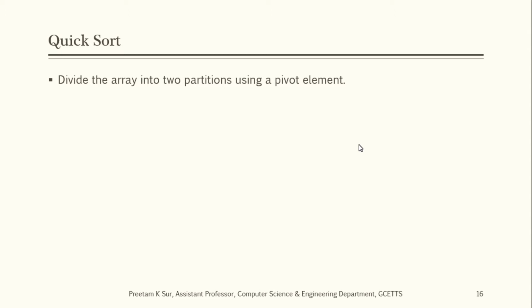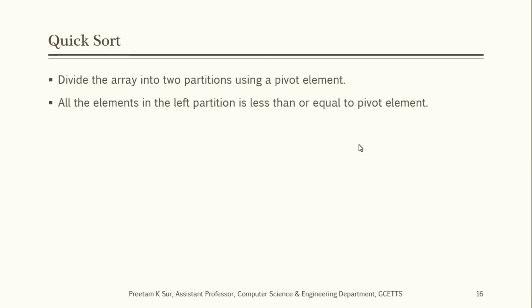Now, unlike merge sort, in quicksort the two parts divided by the pivot element can be of unequal length. In merge sort, we have two parts with equal length, but here the pivot element will divide the array into two parts that may or may not be of equal length.